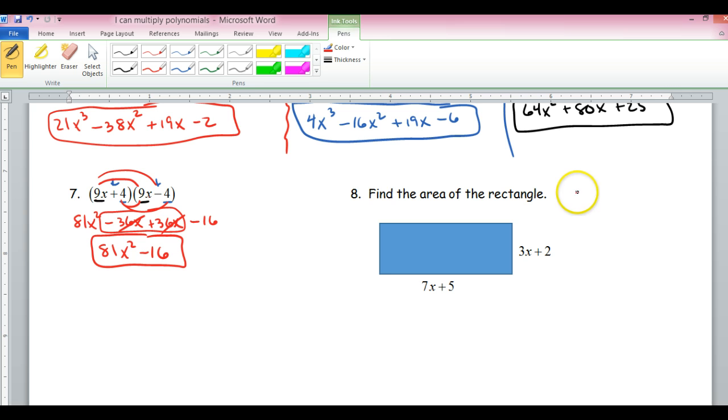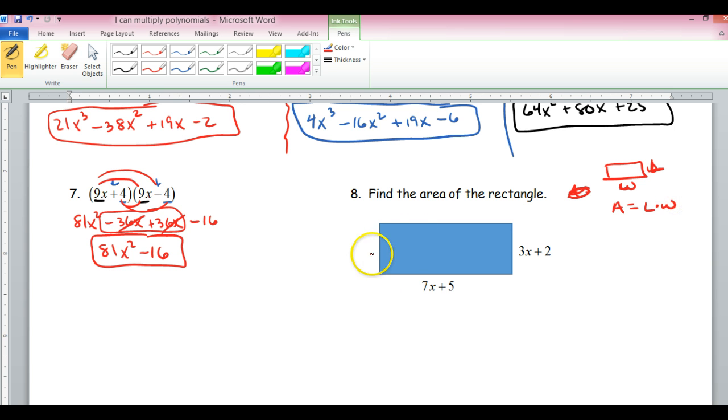Now, area of a rectangle. Any rectangle I have, if I have this rectangle and I have the length and the width, width and length, it doesn't matter. When you go to find the area, you should know that the area of a rectangle is length times width.